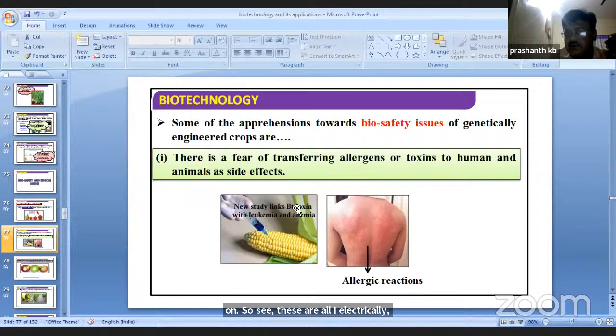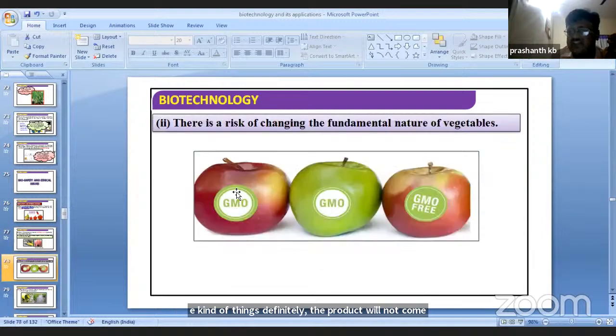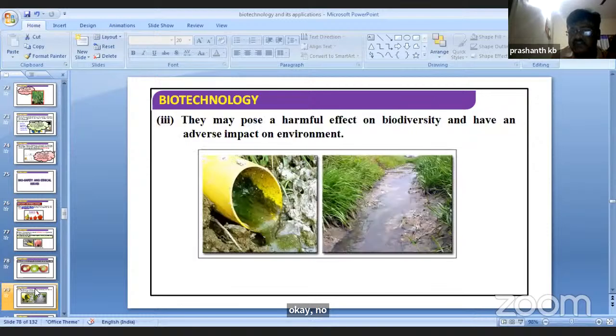If you consume any BT or manipulated organism and you get these kinds of things, definitely that product will not come into the market. Now they are using stickers to avoid any risk. GMO free means natural wild variety. Now we should use the stickers.